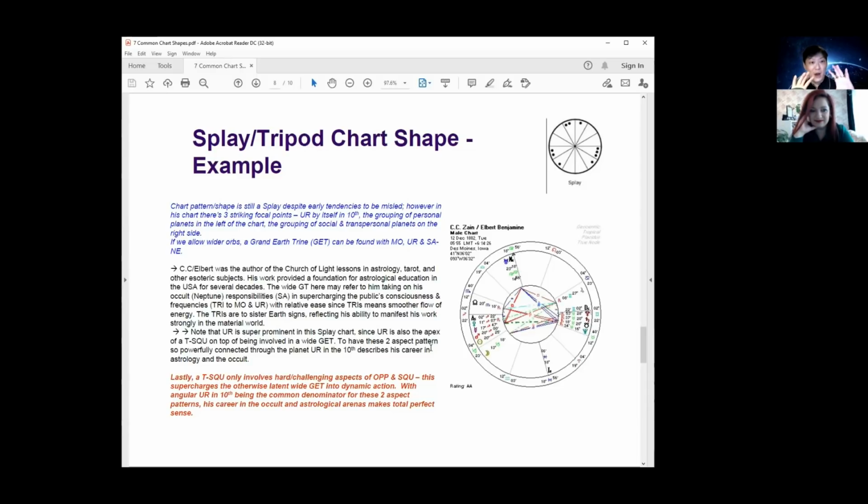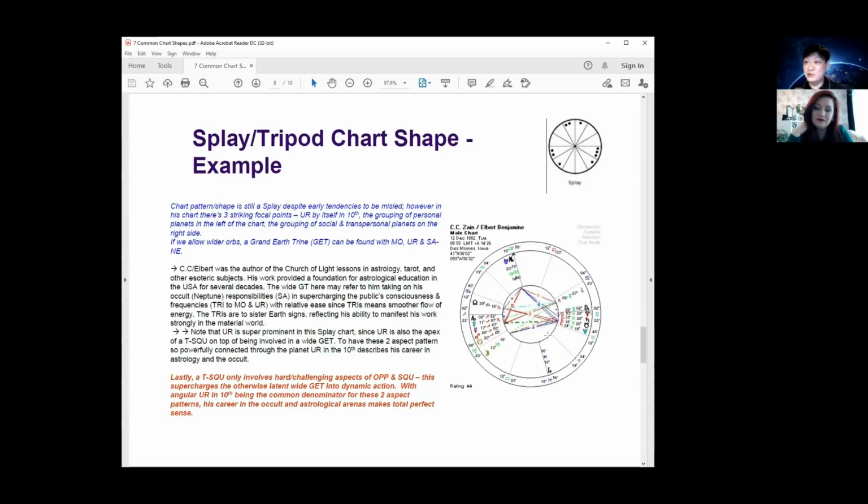So if we widen the requirements for a trine aspect, he actually has a grand trine going on for him, which is moon. If we allow 10 degrees to be considered as a trine, he has a moon and Uranus trine, and both are trining towards Neptune and also Saturn.